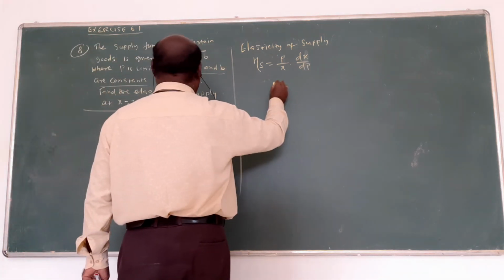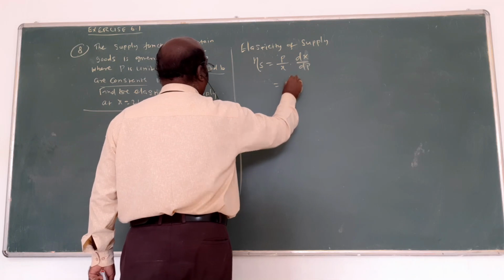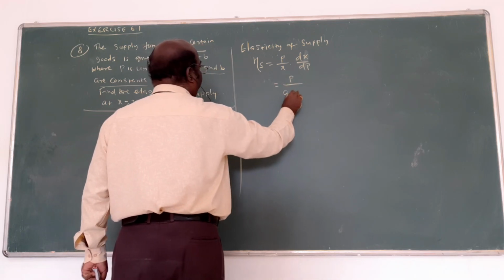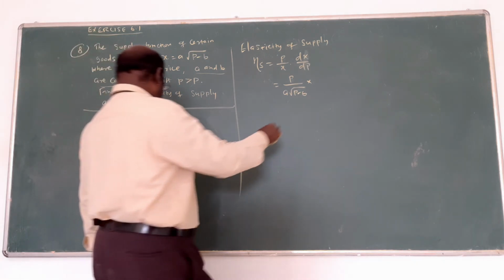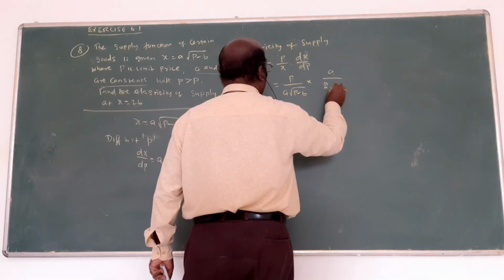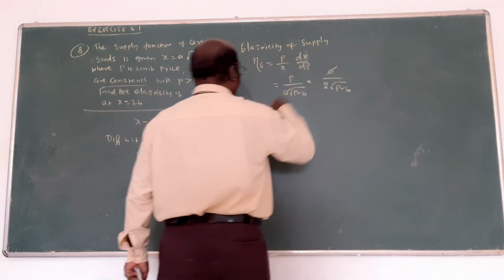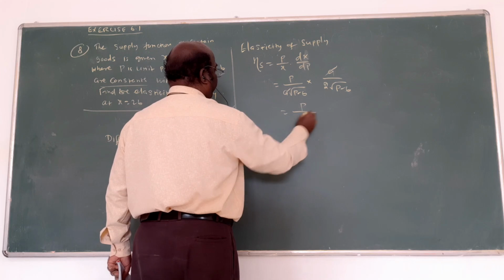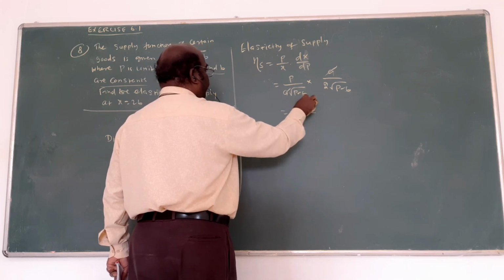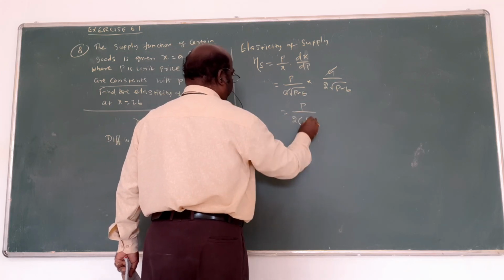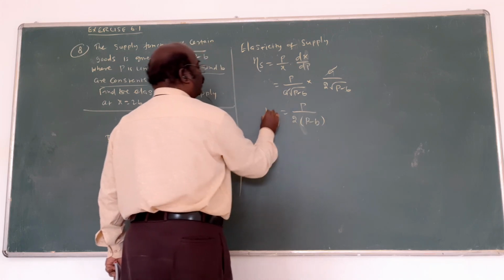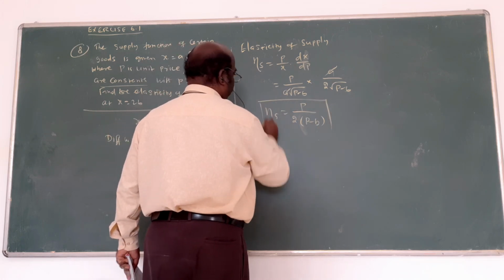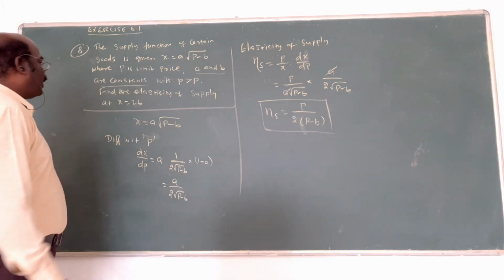P is the variable, x is given as a root of p minus b, and dx by dp is a by 2 into root of p minus b. So it is p by a root of (p minus b) times a by 2 root of (p minus b), which becomes p divided by 2 into (p minus b). Am I right? This is actually eta s.